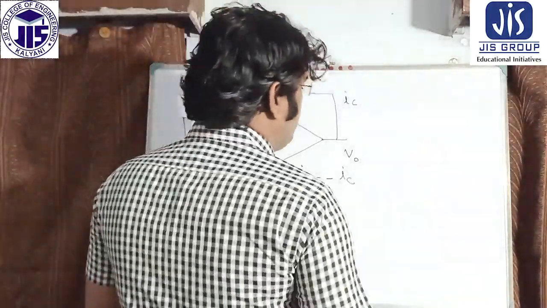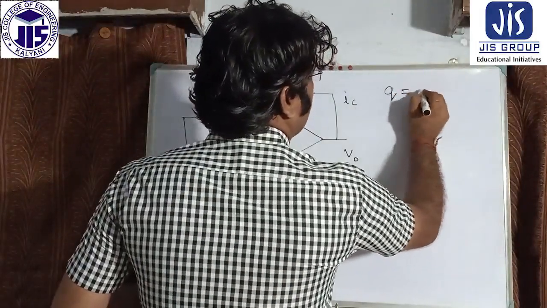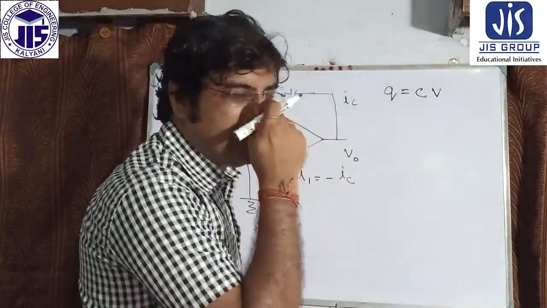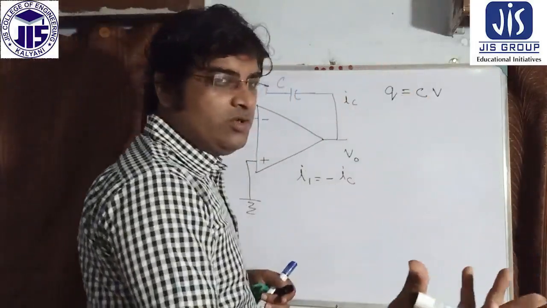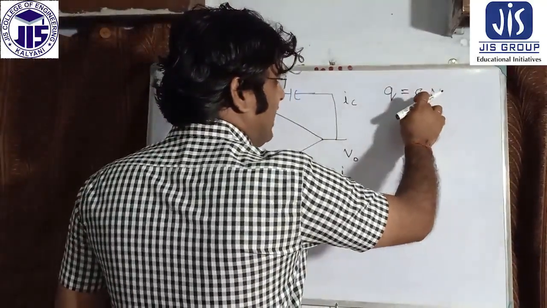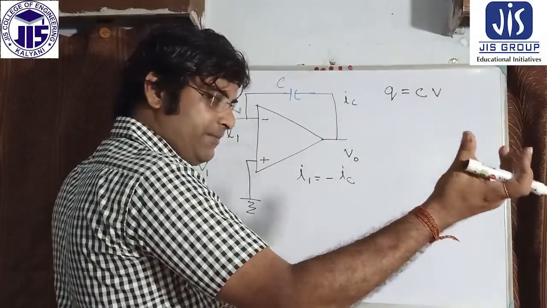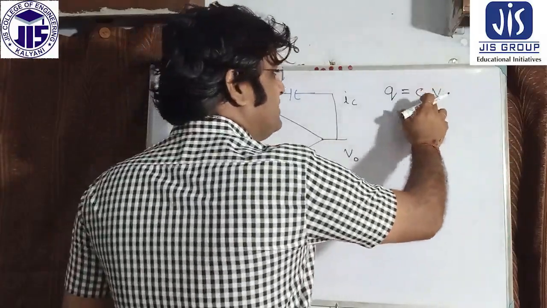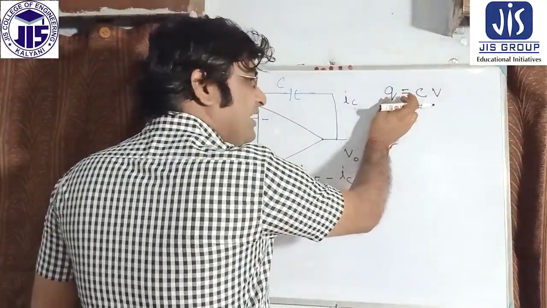First of all, we know there is one equation, Q equals CV. Q is the charge, the amount of charge, C is the capacitance, and V is the voltage. If we multiply these two, the amount of charge is determined.